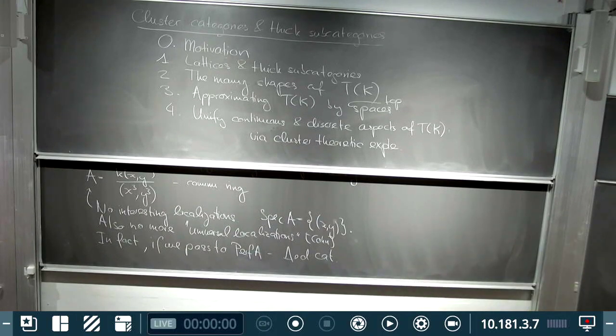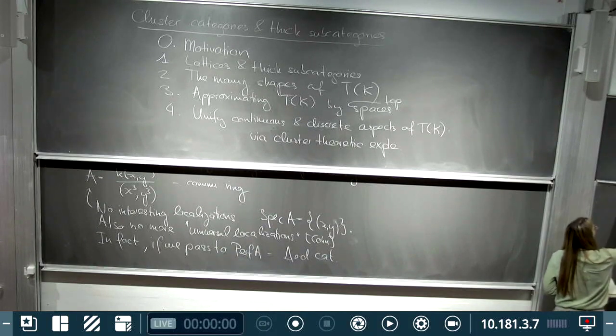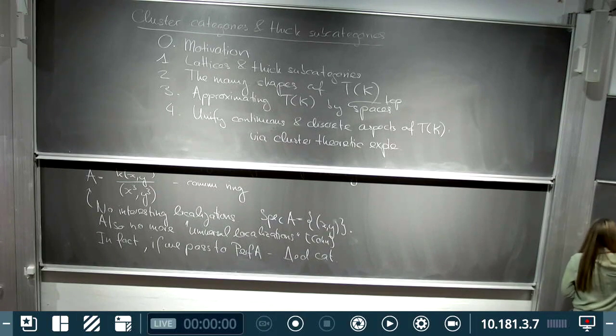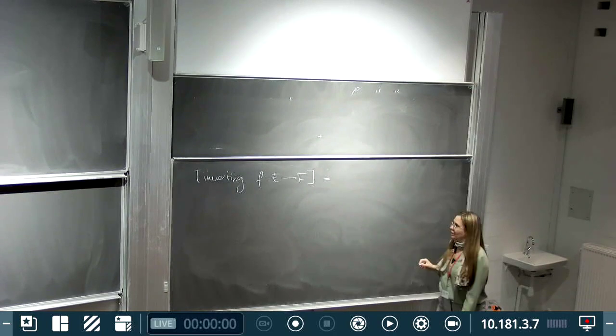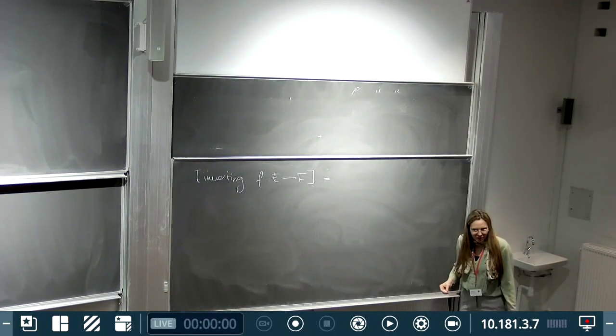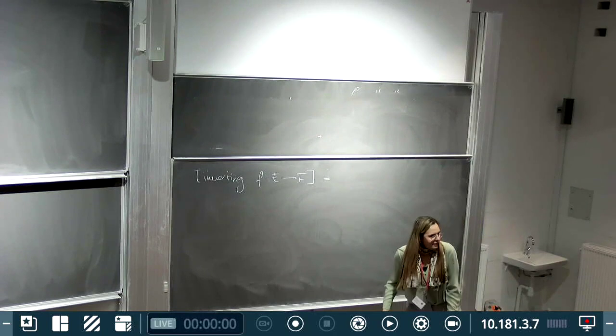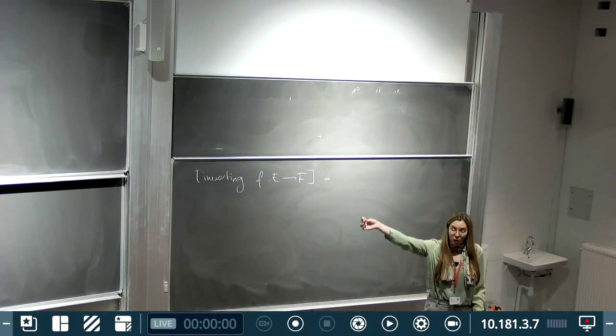And what does it mean to invert a map in a triangulated category? We have some map between these perfect complexes. What does that mean? Well, we want to make that map an isomorphism. And what does it mean to be an isomorphism in a triangulated category? It means that your cone vanishes.